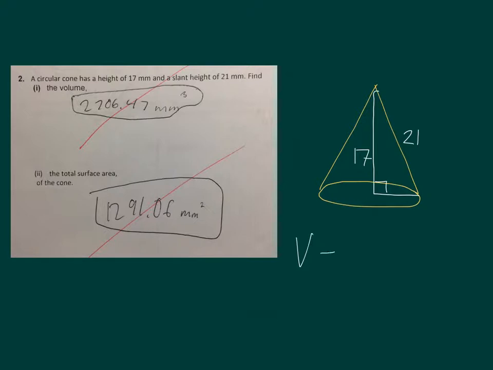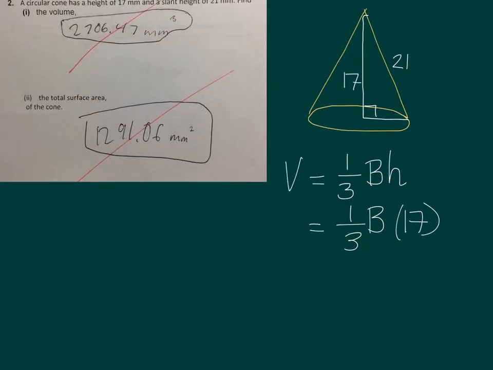If we want to find the volume, it is 1/3 area of the base times height. We already know the height to be 17. The problem is we don't know the base area.